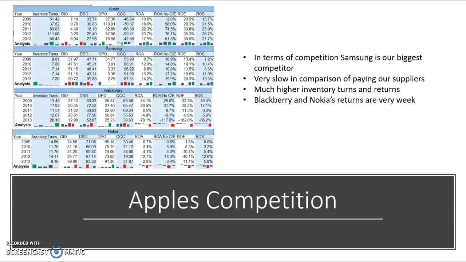Apple has a much higher inventory turn than all of the other companies, as well as return on assets, return on equity, and return on stockholder equity. We're showing strong growth, and there's a bit of a plummet in 2013, but even then, we're still above the competition.